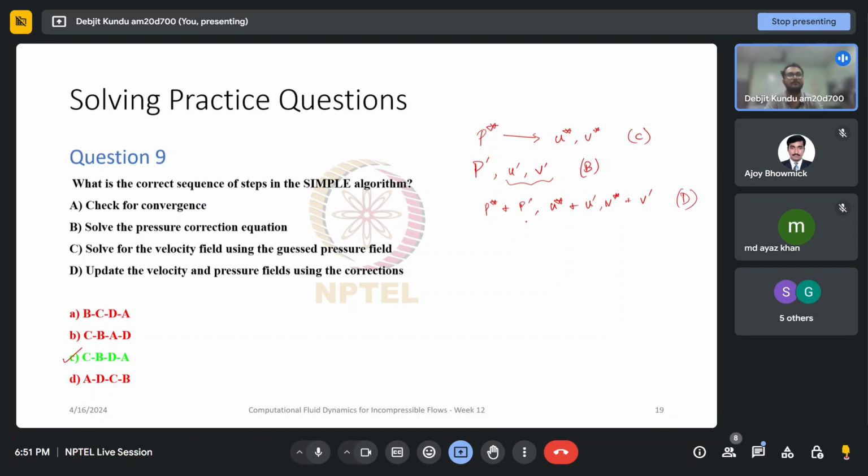And then we check for convergence, whether our fluxes add up to 0 or not. So this would be step A. And if it is converged, then we stop here.